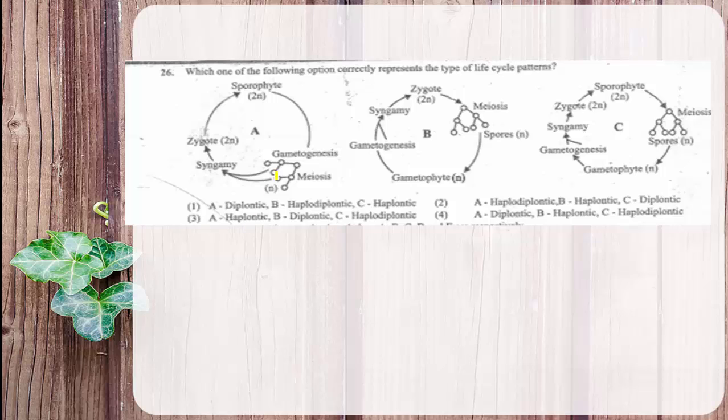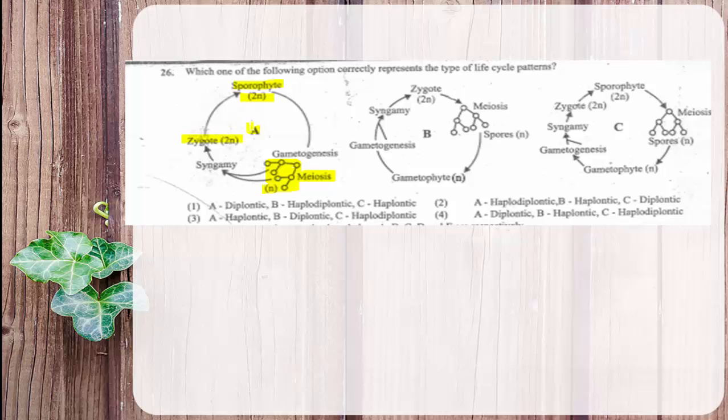That means in this particular life cycle, only gametes are representing the haploid part in the entire life cycle. Zygote is also diploid in condition, sporophyte is also diploid in condition. Only gametes are representing haploid stage.